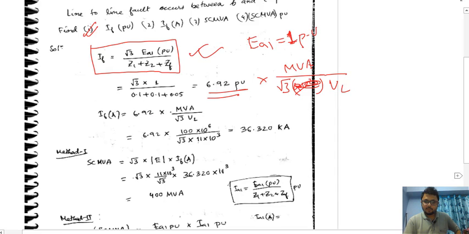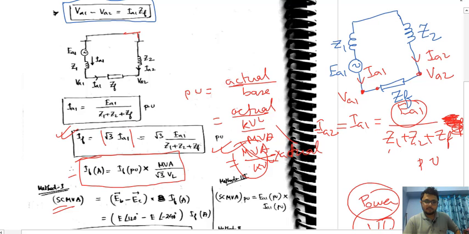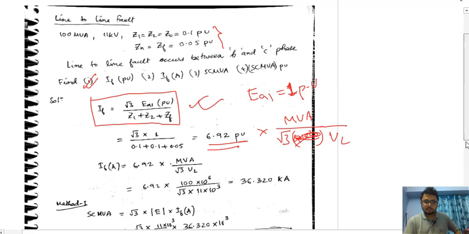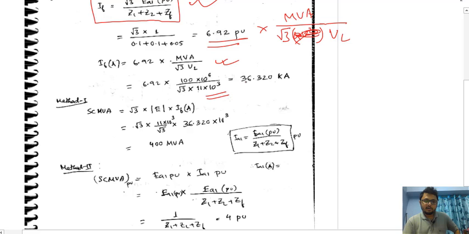So remember this formula, MVA by root 3 VL. So 6.92 into MVA by root 3 VL. If you put MVA as 100 and VL as 11 into 10 to the power 3, since it was given as 11 kV, we got 36.320 kilo ampere.